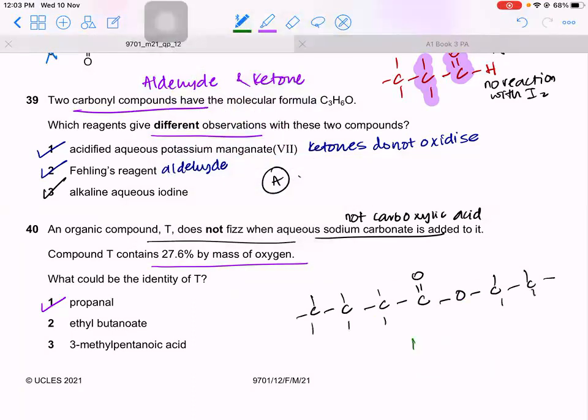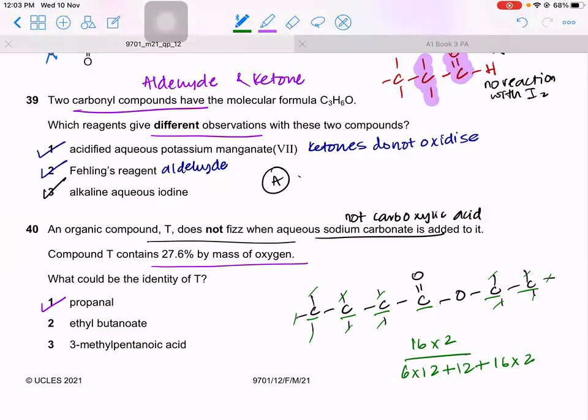How many oxygens do we have? 2, so 16 times 2. How many carbons? 1, 2, 3, 4, 5, and 6, so 6 times 12 plus. How many hydrogens? 12. And how many oxygens? Again, 16 times 2. So 6 times 12 plus 16 times 2 plus 12.